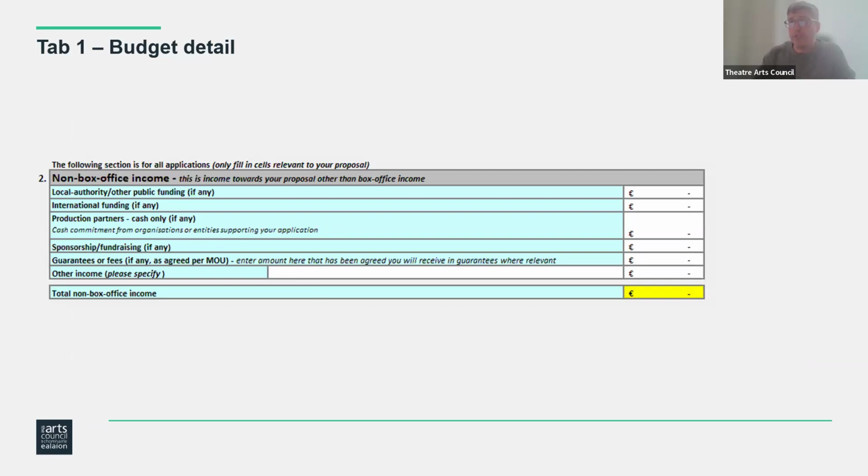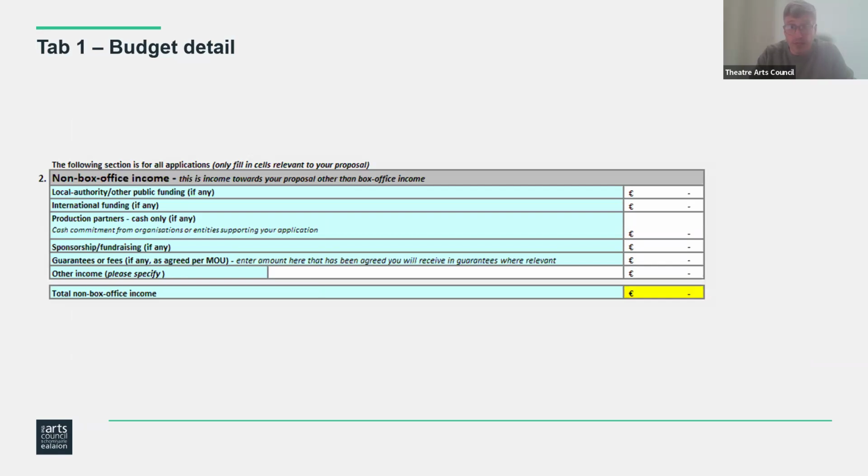Okay, and then you have just below that non-box office income, and this is income towards your proposal other than box office income. And that can come from local authority or other public funding or international funding, or if you're getting cash income from other production partners. If you're doing a sponsorship or fundraising, if any, you can input that there.